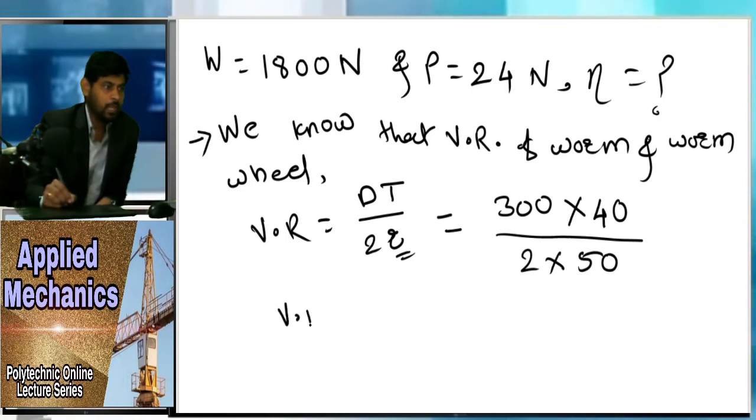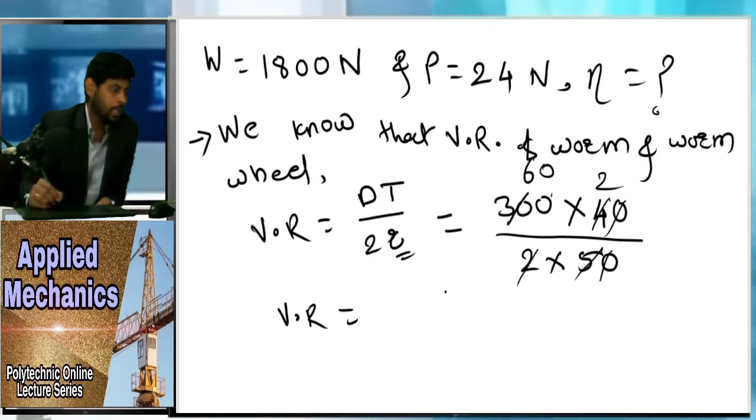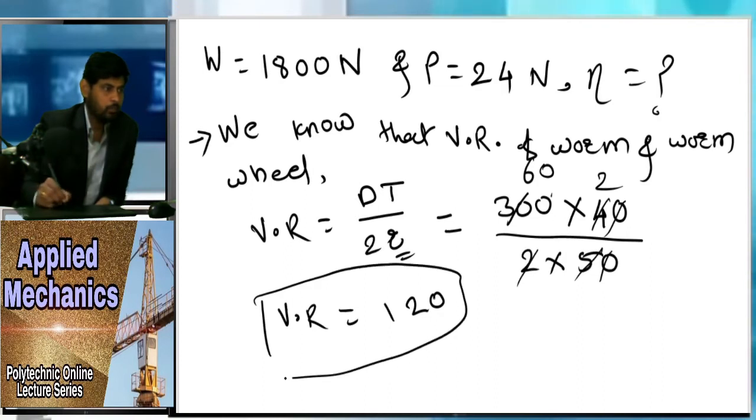Now do the calculation on your calculator. The zeros will get cancelled, 2 to the 4, 5 6 the 30. So 60 into 2, that is nothing but how much? 120, right? So the velocity ratio is 120.